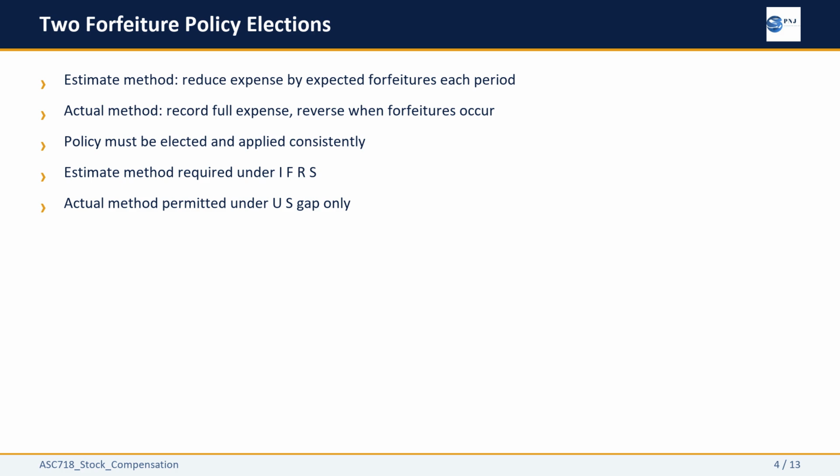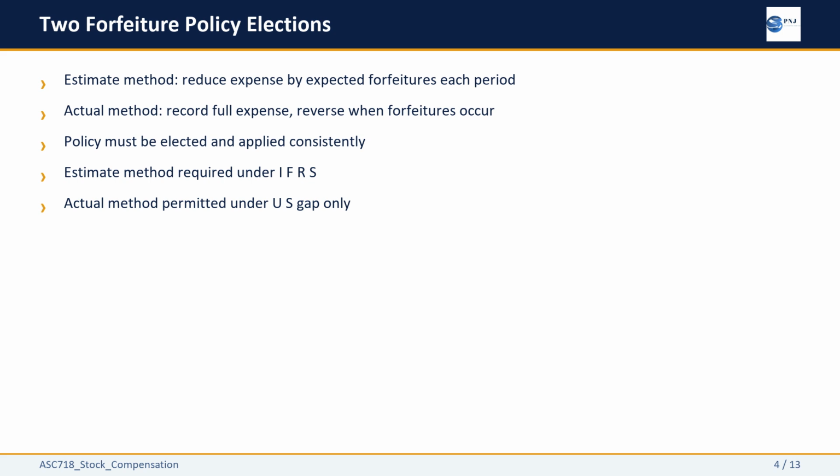ASC 718, as amended by Accounting Standards Update 2016-09, gives companies a choice between two forfeiture accounting policies. Under the estimate method, a company reduces its compensation expense each period by the percentage of awards it expects will be forfeited before vesting.